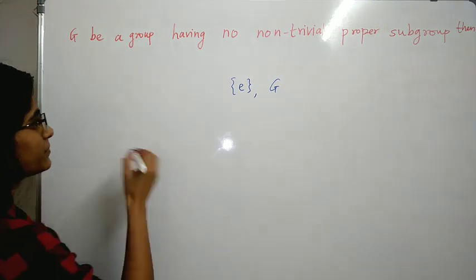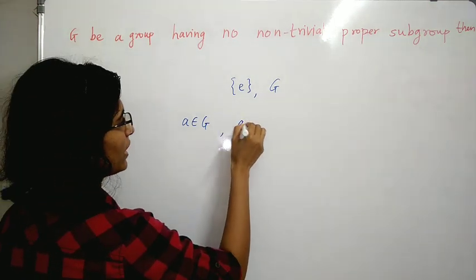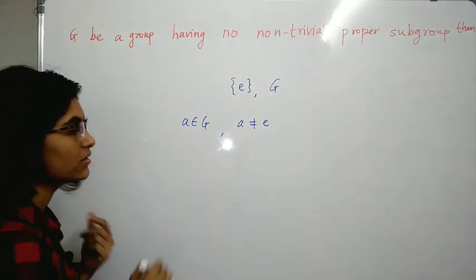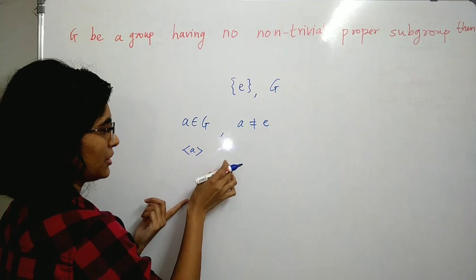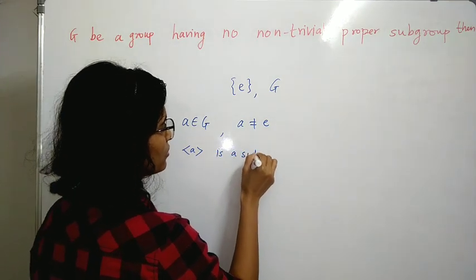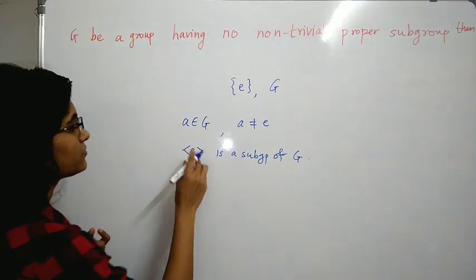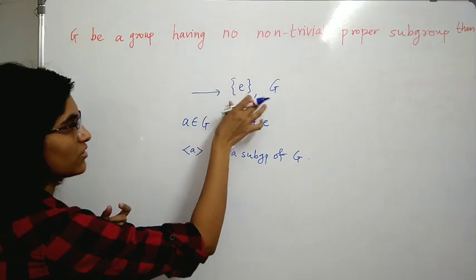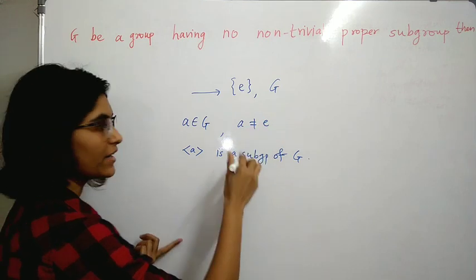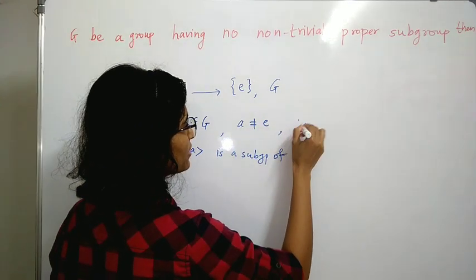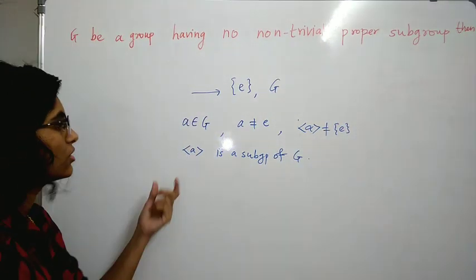Now if we take any A belonging to G which is different from identity, then look at the subgroup generated by A, which is a subgroup of G. And we know that G has only these subgroups, either identity or G itself, but here A is not equal to identity, so this subgroup generated by A is not equal to the identity subgroup.